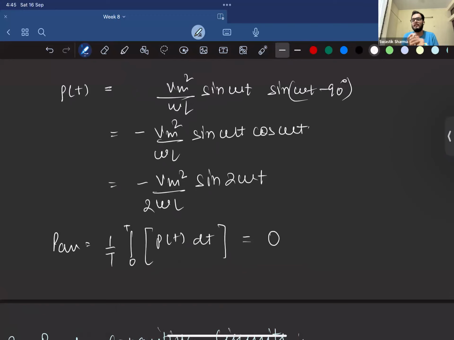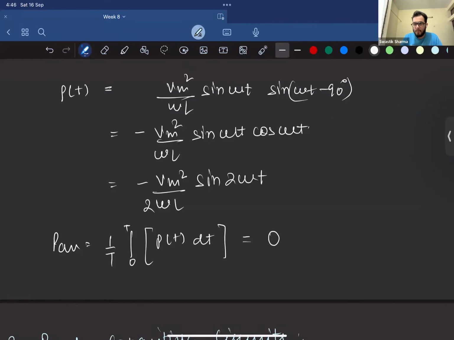That means the inductor stores energy for half a cycle, taking the energy that is transferred from the voltage source, and in the next half cycle, it will try to maintain the same amount of current because the current across the inductor can't change instantaneously, and it will supply the power back to the voltage source.